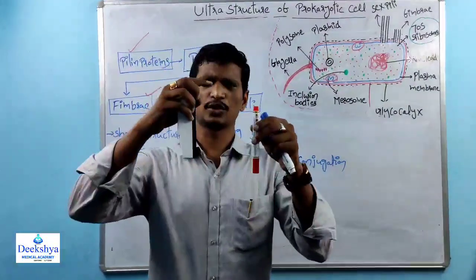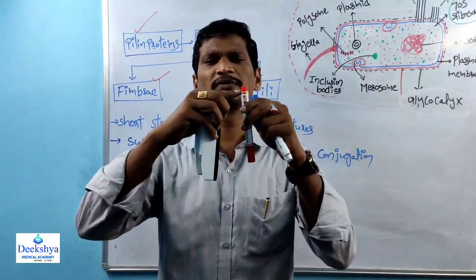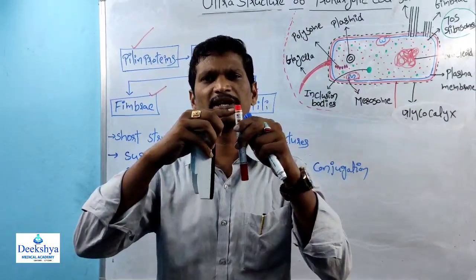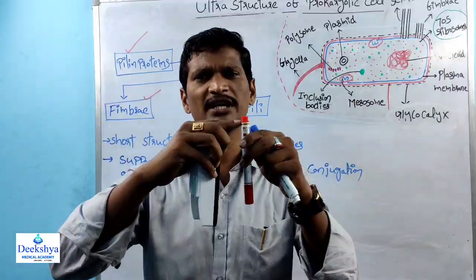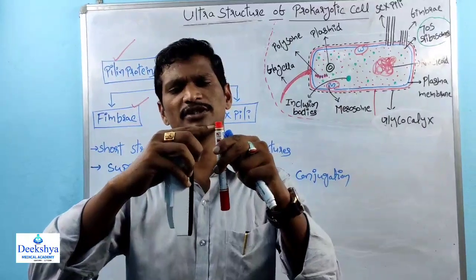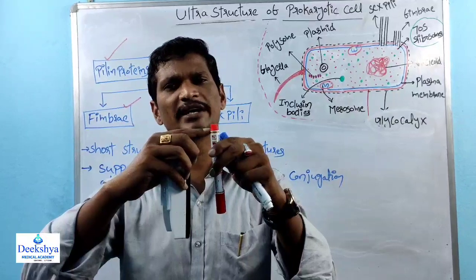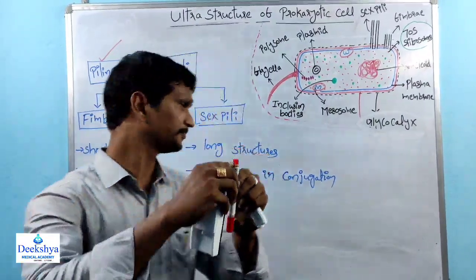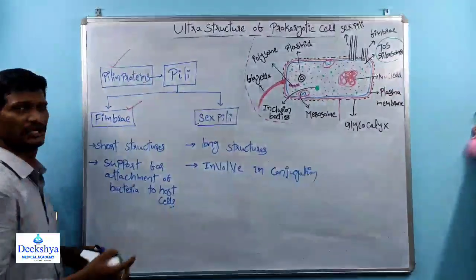This short structure is the fimbriae, and the fimbriae support the attachment of bacteria to the host cell.